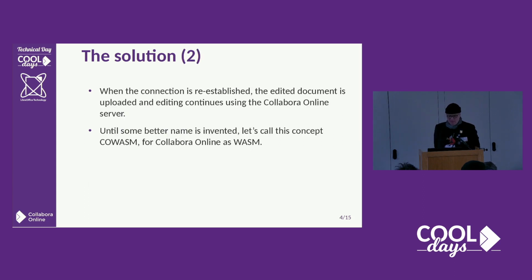And then when the connection comes up again, the idea is that the document is uploaded, and then again it switches to using the Collabora Online server. And we call this functionality COWASM for now, but I don't know if that's the final name for it.